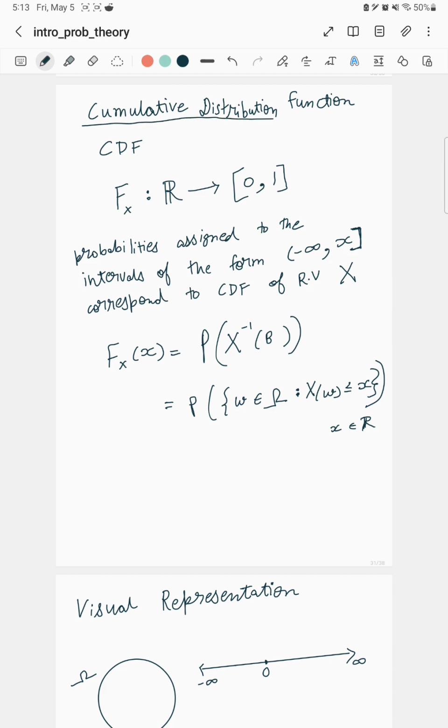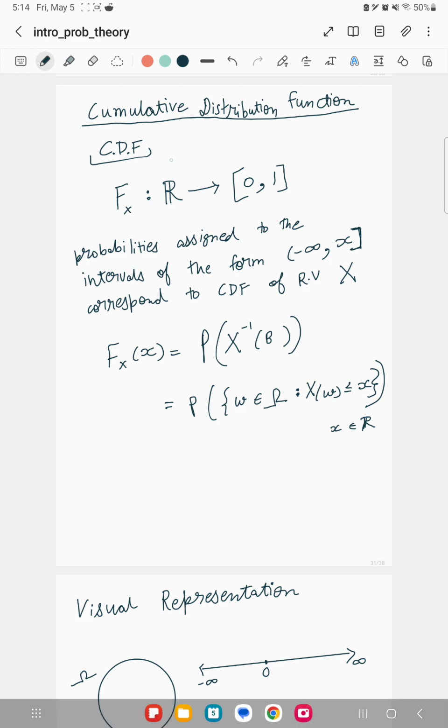So, what is this cumulative distribution function, or the CDF in an abbreviated way? The cumulative distribution function is a function which will define the probabilities for a random variable, and it maps from the real number line. So this is the domain of the cumulative distribution function.